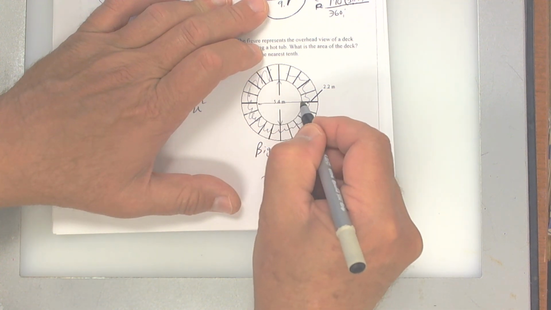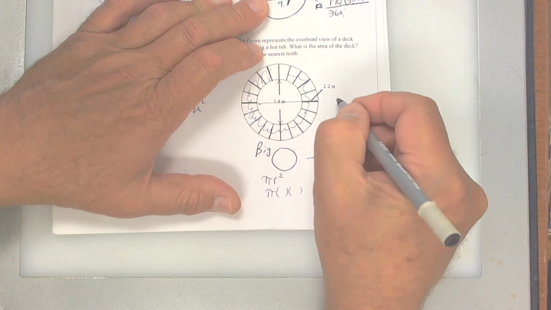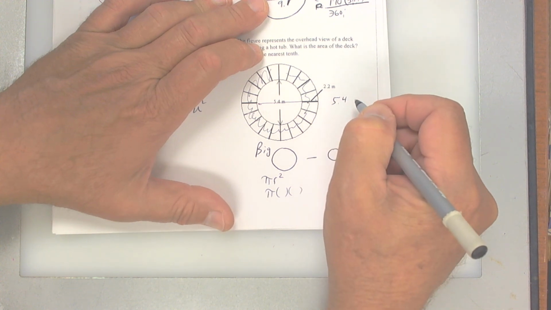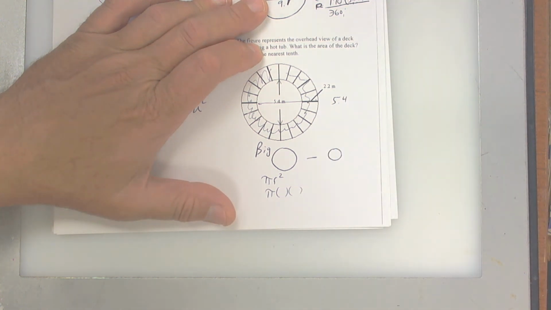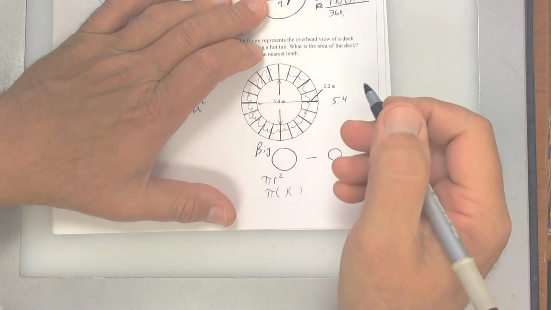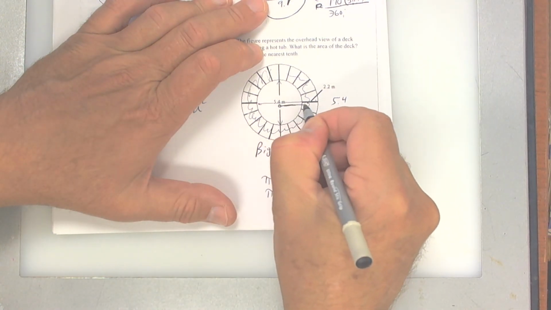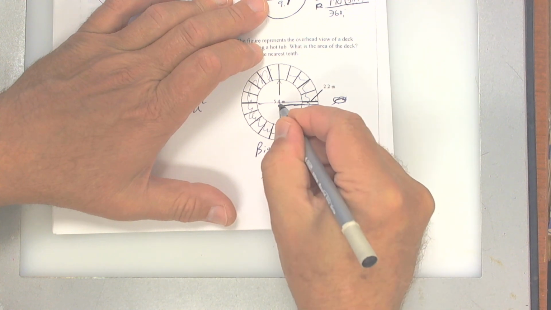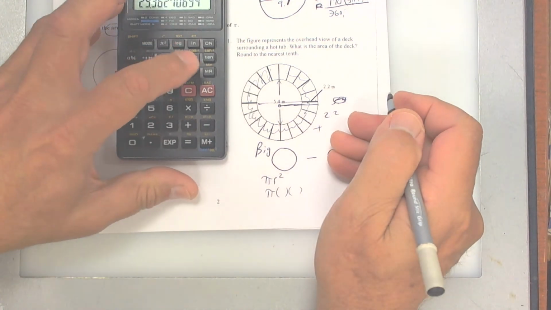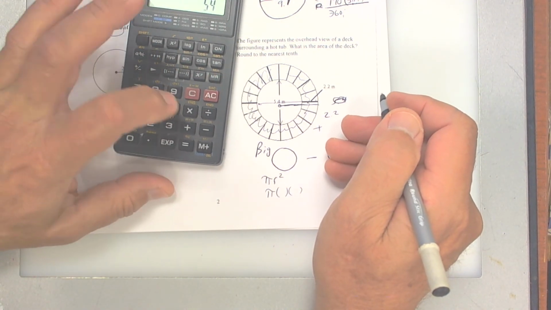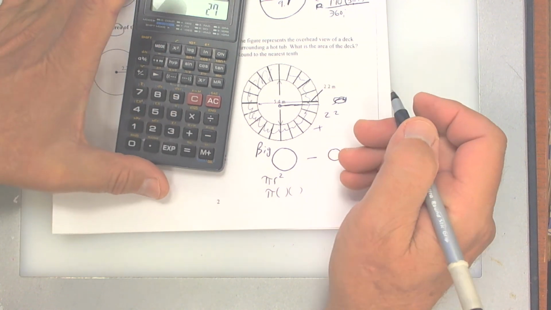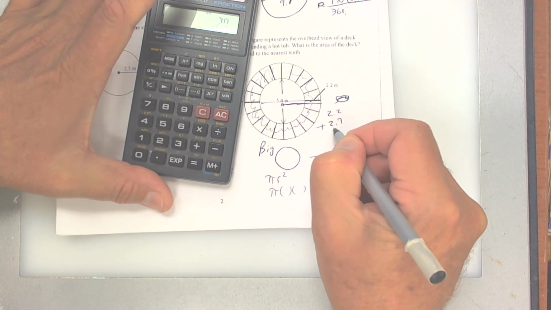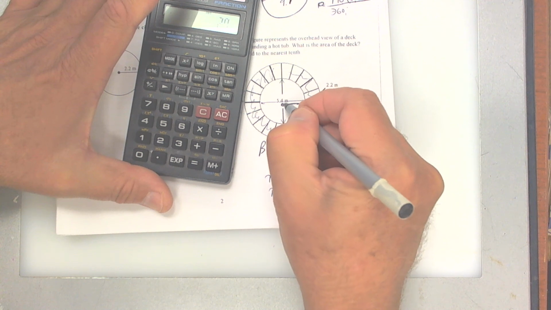Let me think here a minute. Okay, so the radius is going to be from here to here, so it's going to be 2.2 plus half of 5.4. I don't know what that is. So 5.4 divided by 2. So the radius is going to be whatever this is, okay, because the radius goes from here to here.